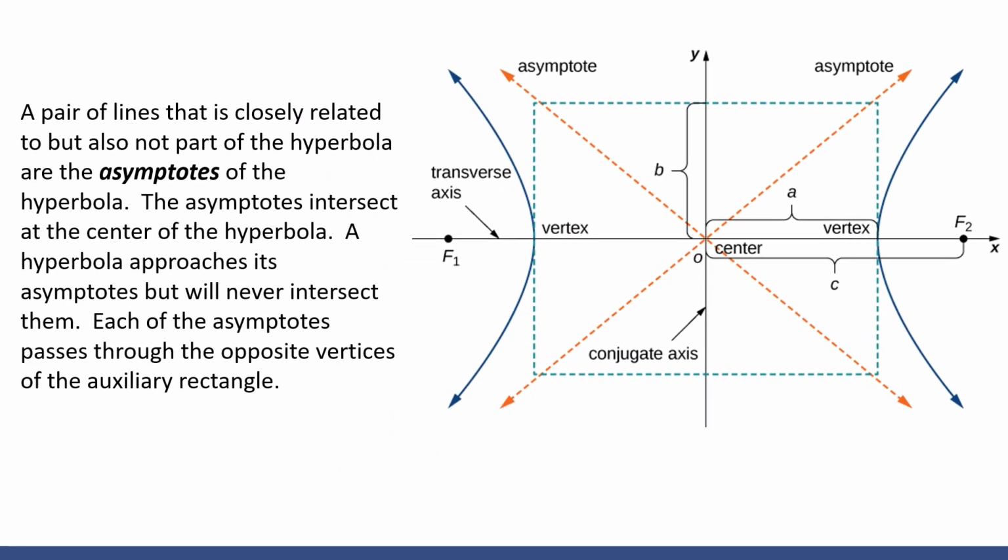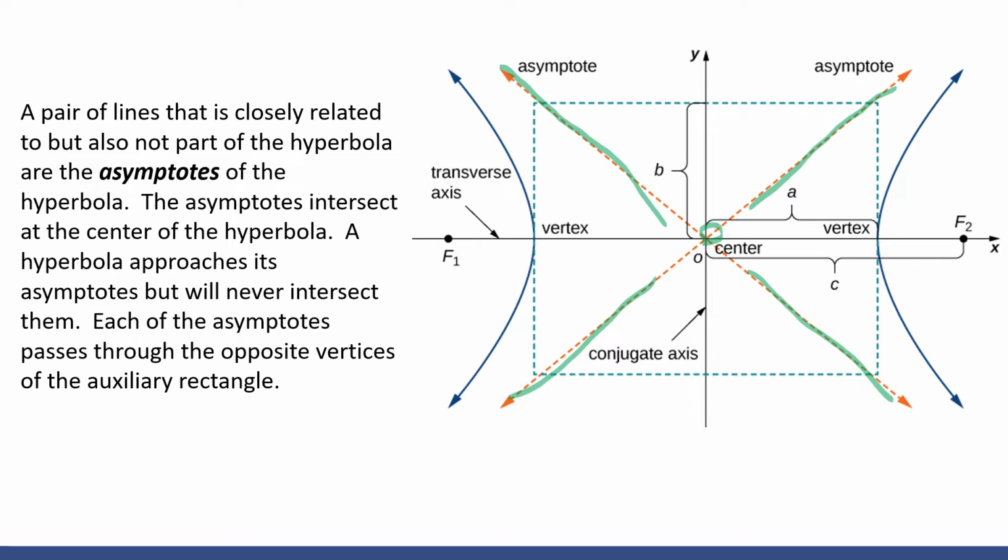A pair of lines that is closely related to but also not part of the hyperbola are the asymptotes of the hyperbola. The asymptotes intersect at the center of the hyperbola. Ito, nag-intersect. Ito naman yung ating asymptote, yung kulay red. Yan, yung kahabaan. And then the other one. So yan yung ating asymptotes. A hyperbola approaches its asymptotes but will never intersect them.